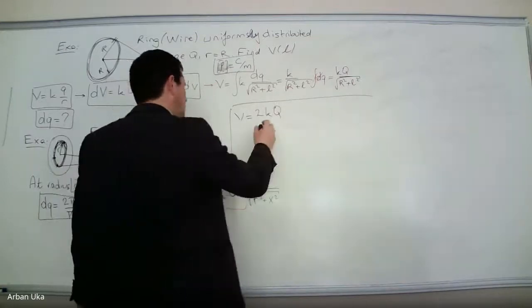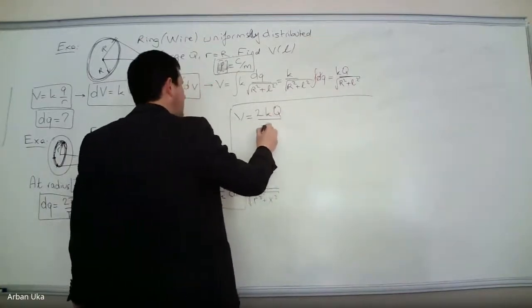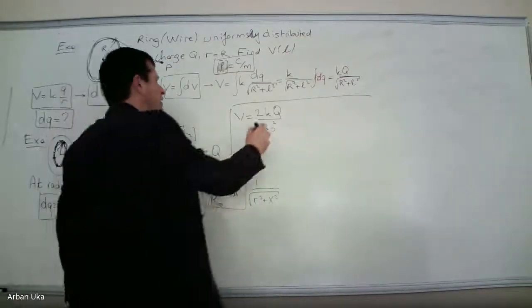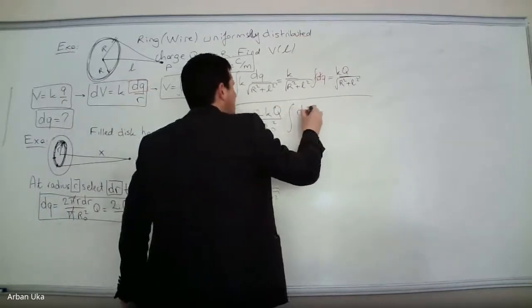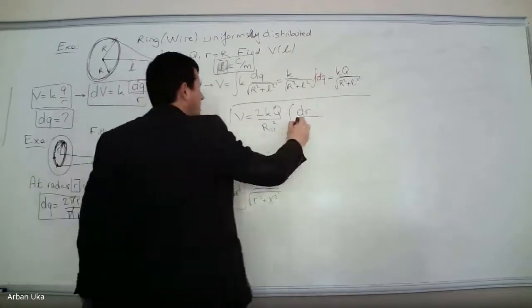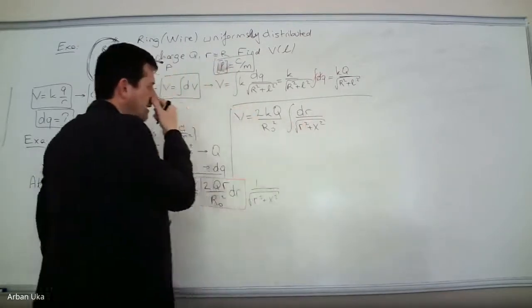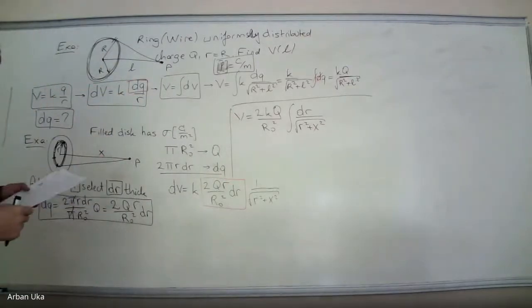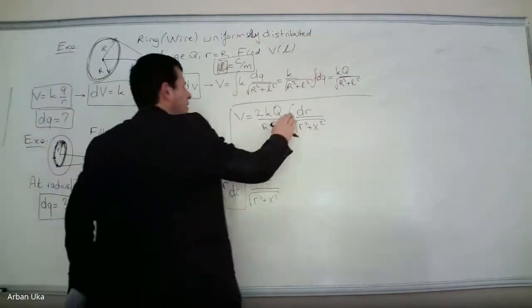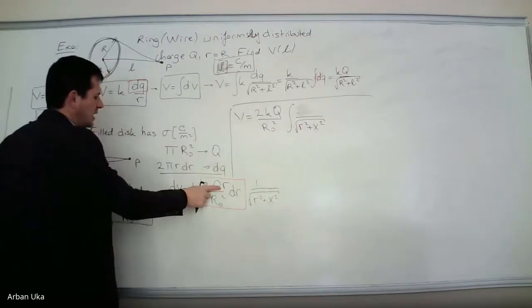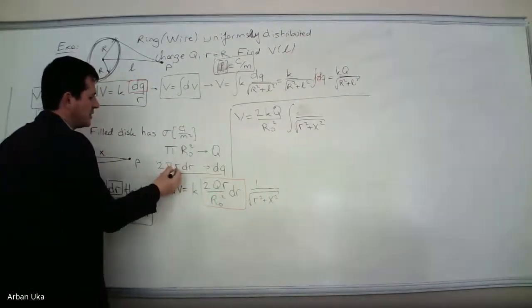Then here we have over r0 squared, and then inside the integral, we just have dr over the square root of r squared plus x squared. Wait a second, I've forgotten something. Please remind me, there is a little r here, because this r appears here.